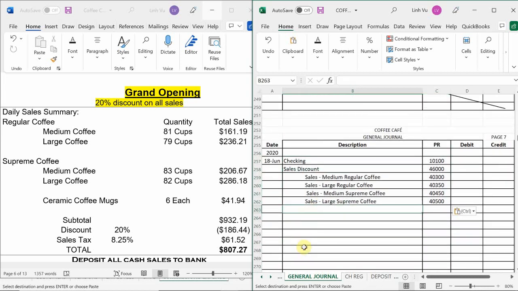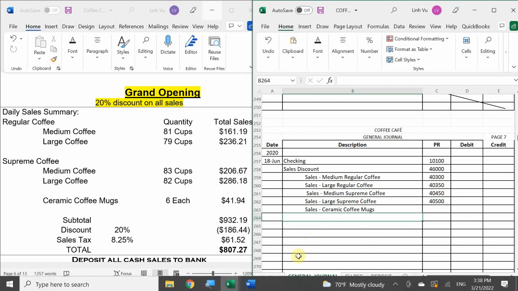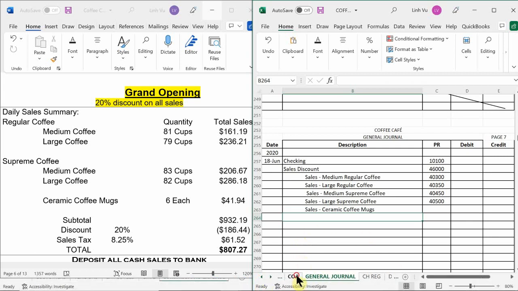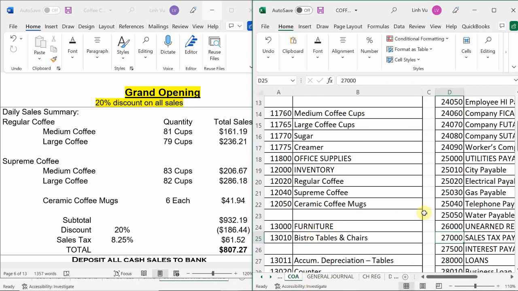What other item am I missing this time that I actually sold? The mugs. Right, we have the sales for the ceramic coffee mugs. Okay, let's use our chart of accounts to find out what account number that is.